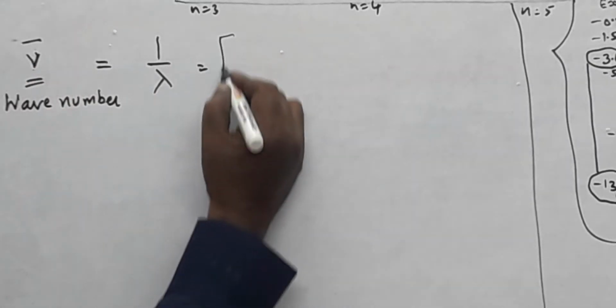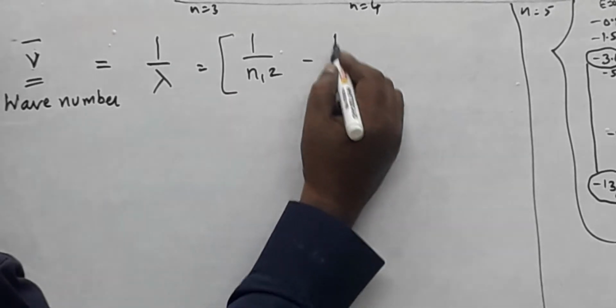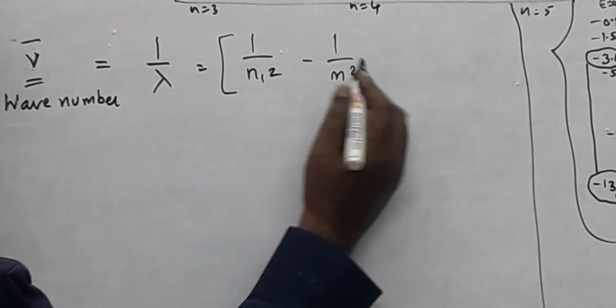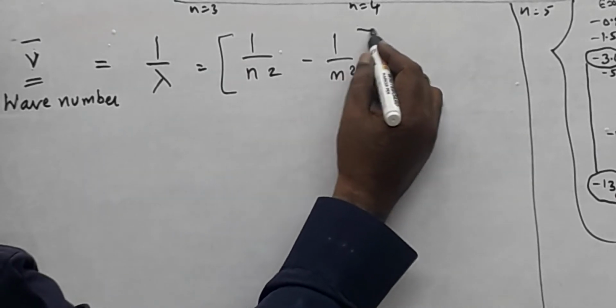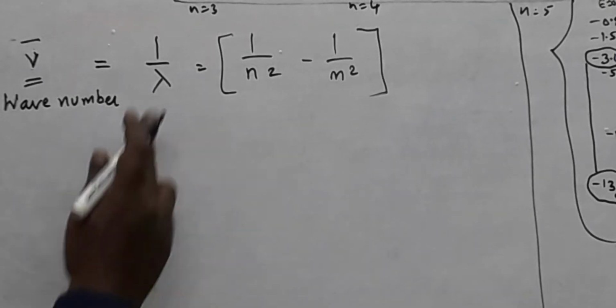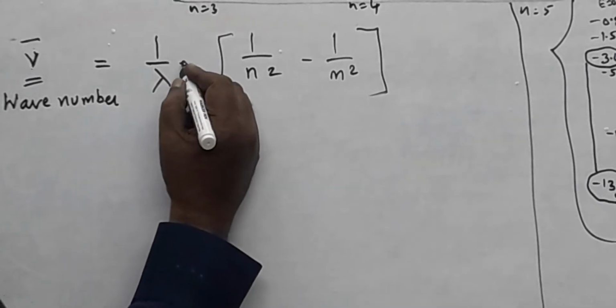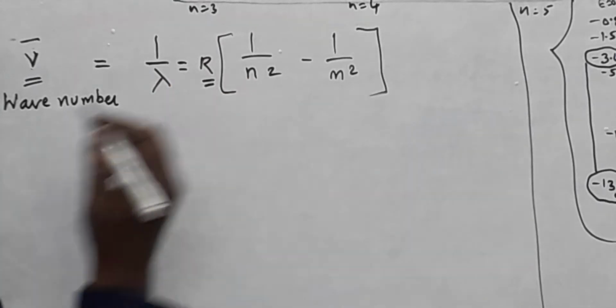It is equal to R times 1 by n1 square minus 1 by m square. Here one constant must be there, that is called the Rydberg constant.